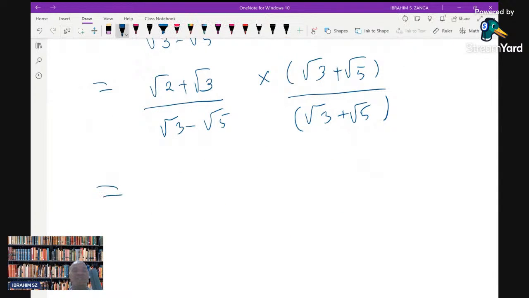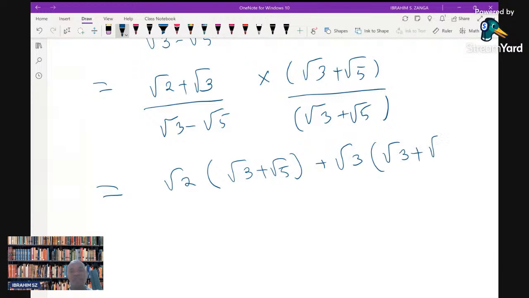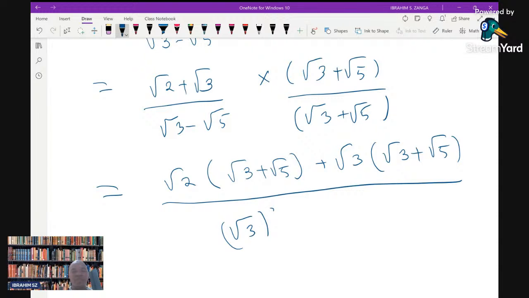Now you have square root of 2 multiplied by square root of 3 plus square root of 5, plus square root of 3 multiplied by square root of 3 plus square root of 5, over square root of 3 square minus square root of 5 square.